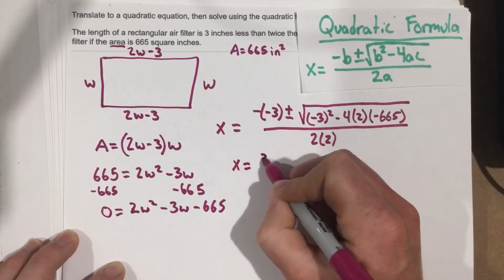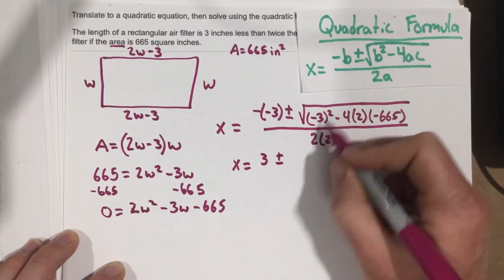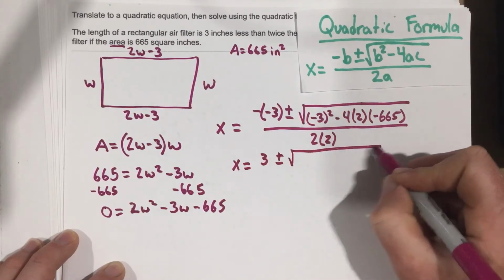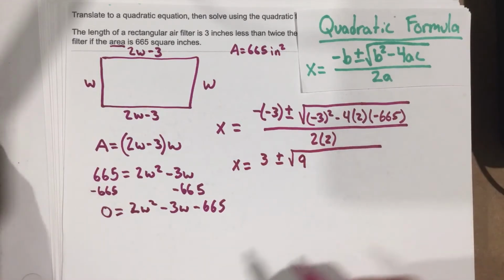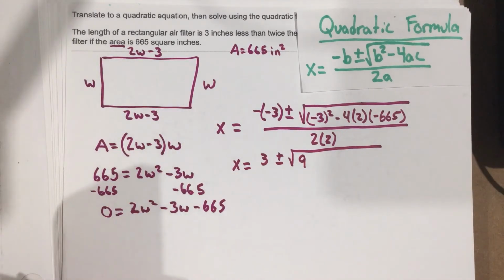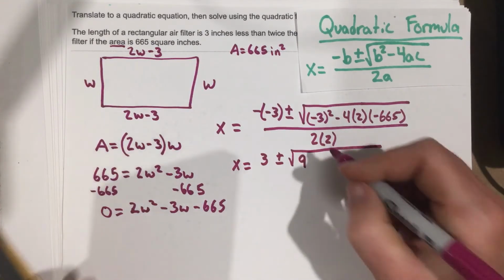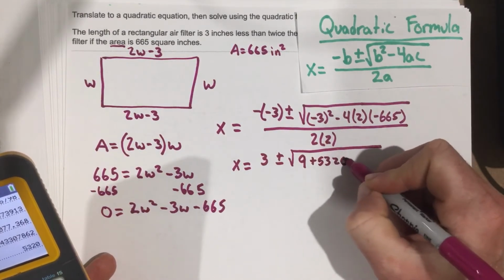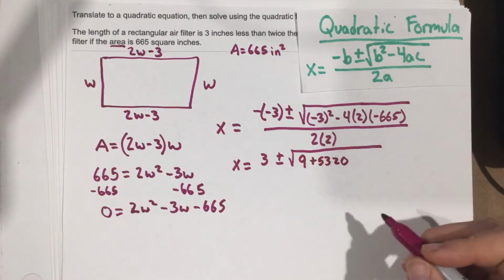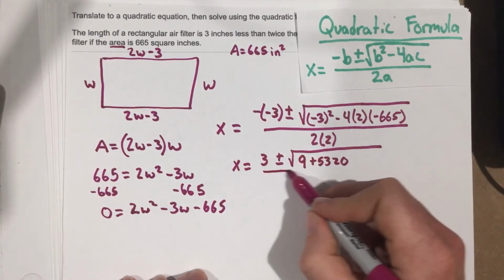That's 3 plus and minus root. This will give you 9. Negative 4 times 2 times negative 665 gives you 5320 all over 4.